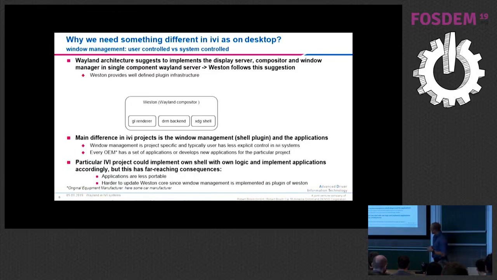And this is exactly the main difference, what we don't like in IVI, or what we cannot directly use in IVI, because our customers have very different requirements and very different ideas of how the application would look and of the complete setup of the system. They could have screens with one application, or 5, or 3.